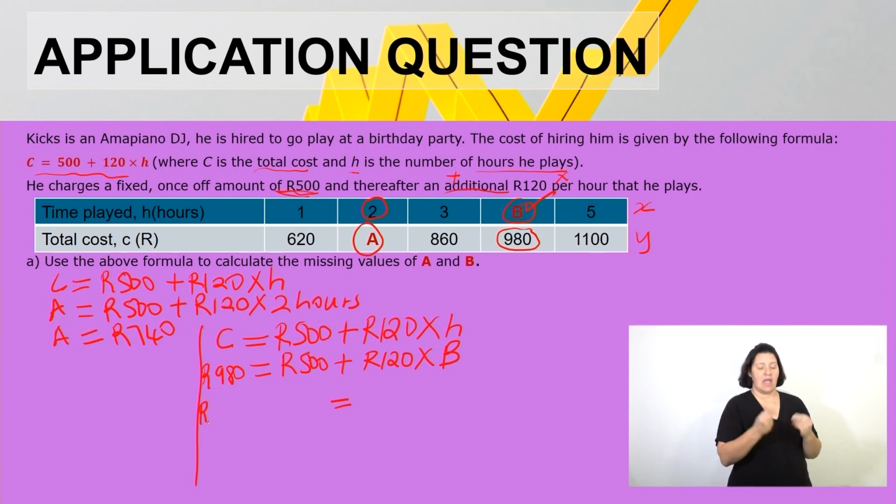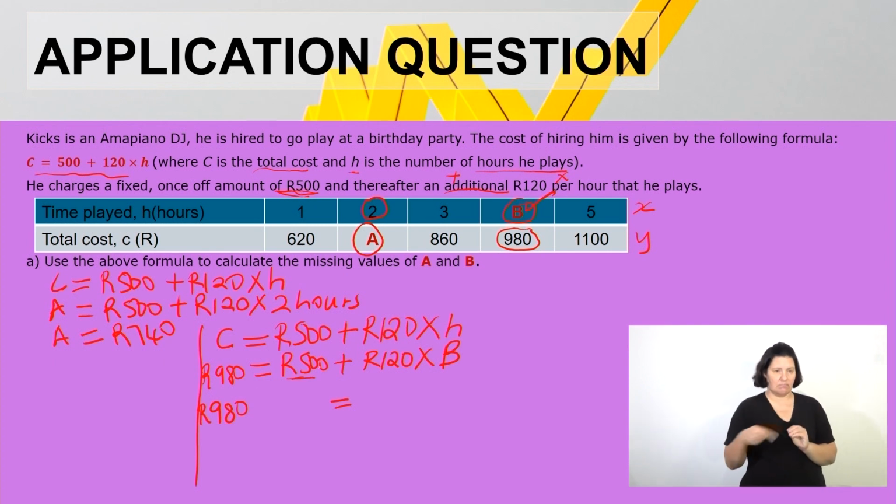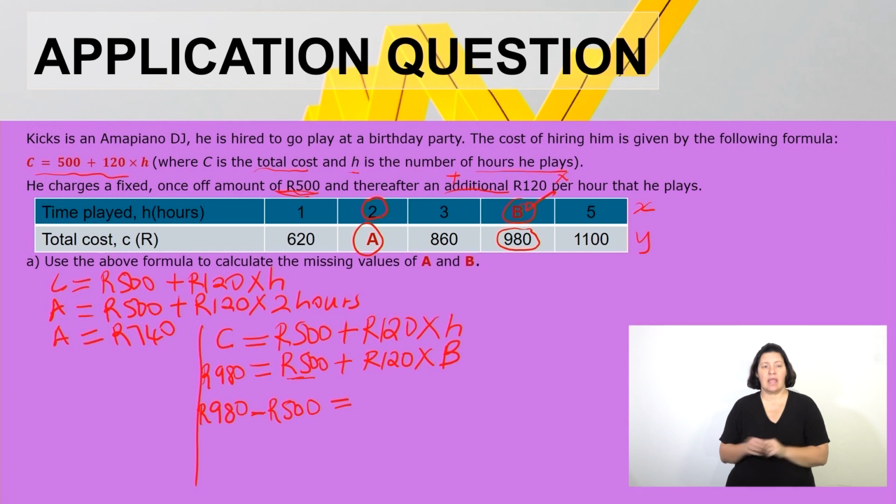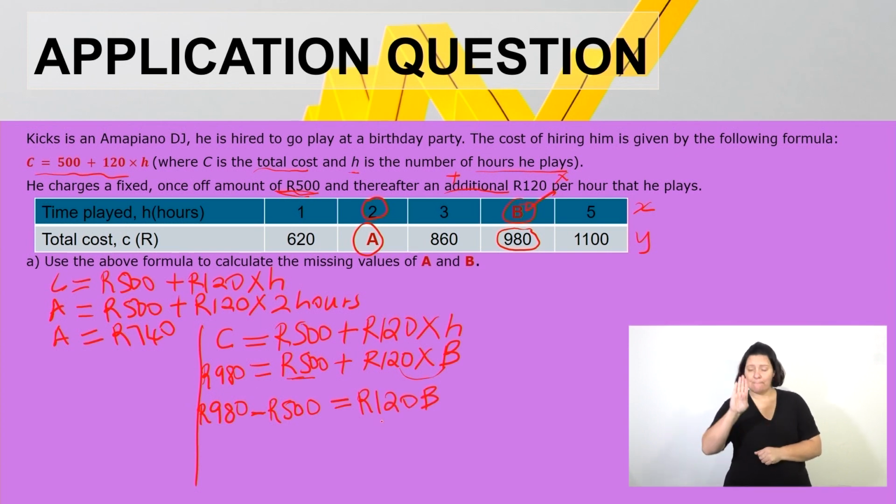Then we have 980. So we're going to transpose this 500. It is positive. When it comes this side, it becomes negative. So it will be 980 minus 500, which is equals to 120B. Remember, we want B alone. Therefore, we will divide by 120, which is the value that is sitting next to B.